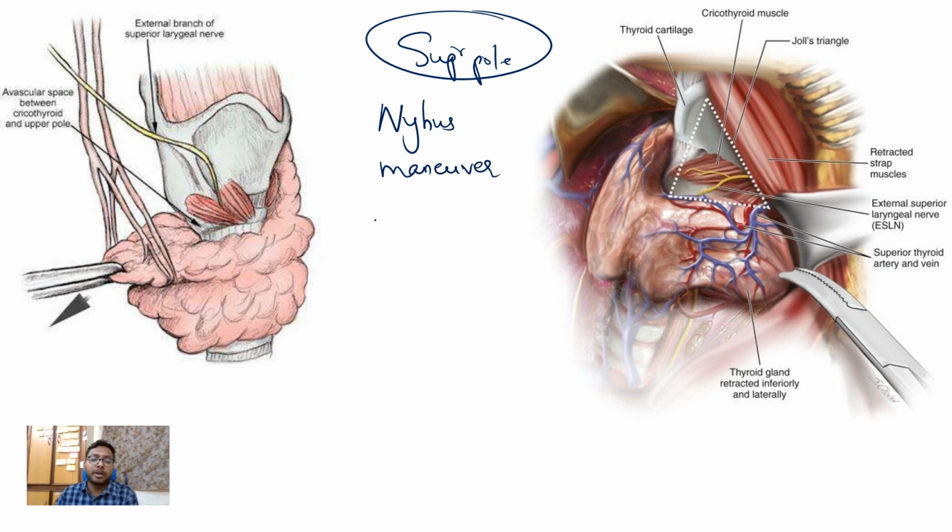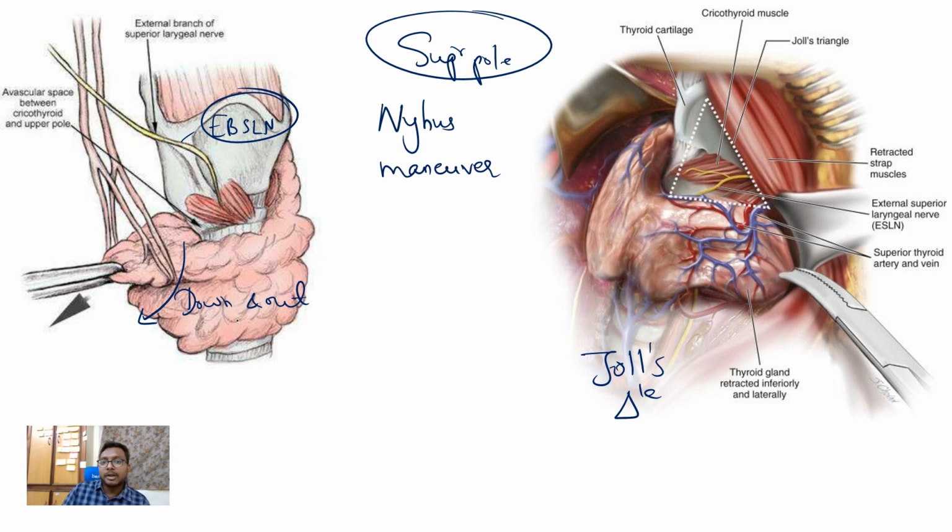What are you doing here? Please understand, this is the superior pole of the thyroid gland. To visualize Joll's triangle, where your external branch of the superior laryngeal nerve, the EBSLN, will be, you gently hold the superior pole of the thyroid and pull it gently down and out, inferiorly and laterally.